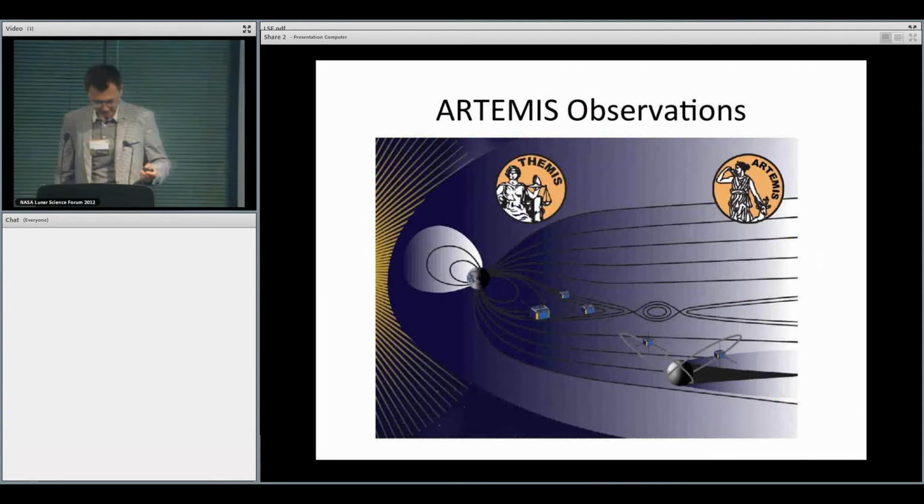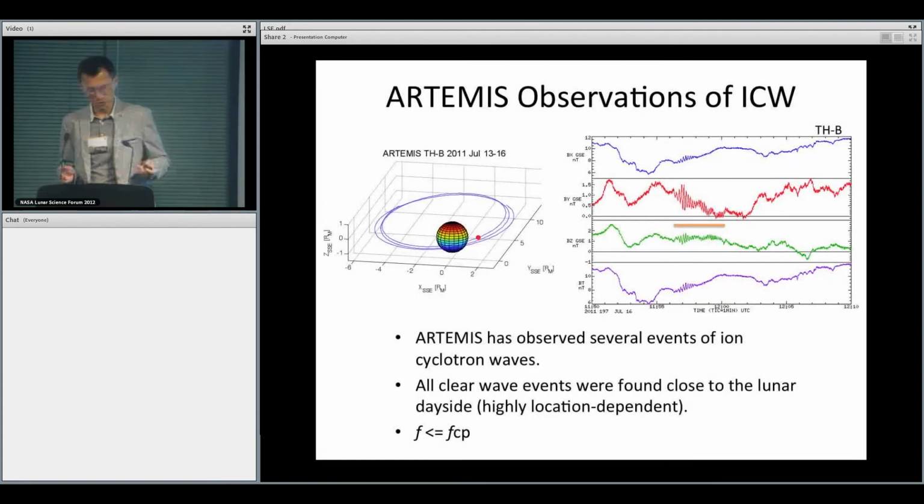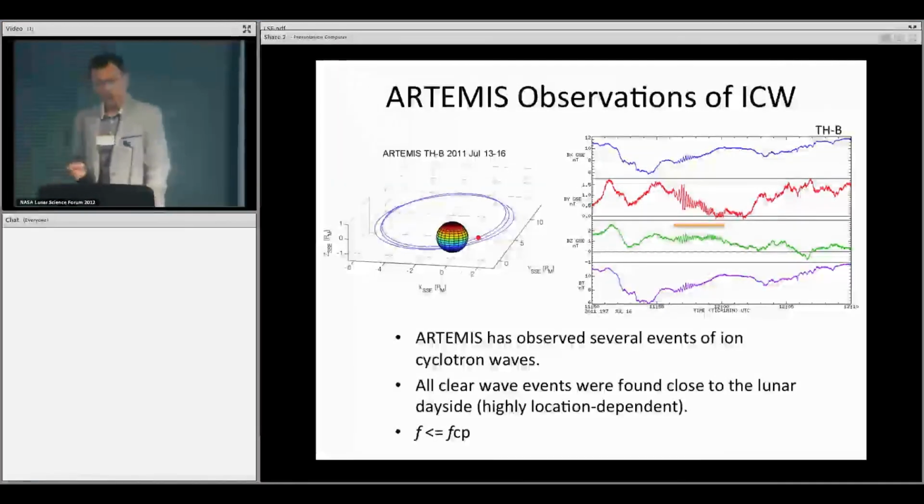Now, okay, 2 minutes. I want to say that we have started studying ARTEMIS data because ARTEMIS can provide both field and particle measurements. ARTEMIS has seen several wave events like this, but it's not as common as in Apollo data, because the satellites are orbiting around the moon and have to be in certain positions to see these kinds of waves.